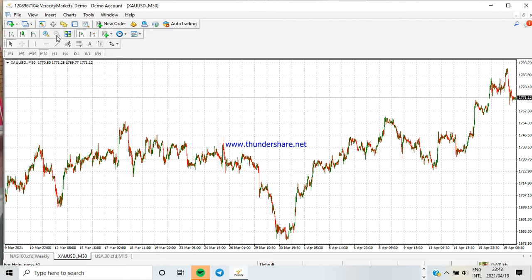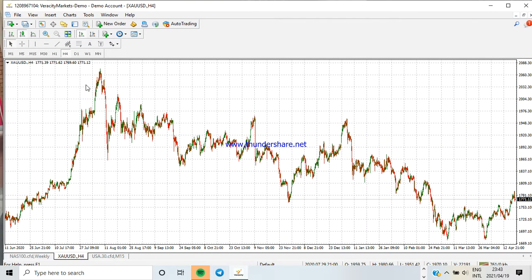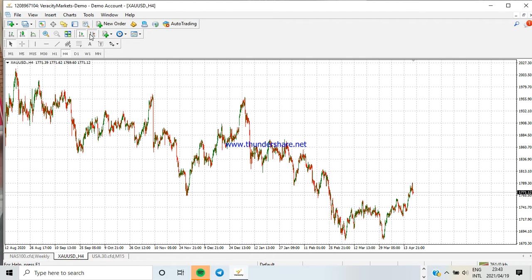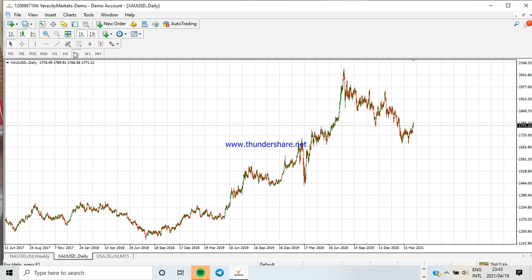Once you've zoomed out, you can start on the 4 hour time frame to check the overall, or you can even check the daily time frame to see how the market is really going, so you can determine the trend in the long term.